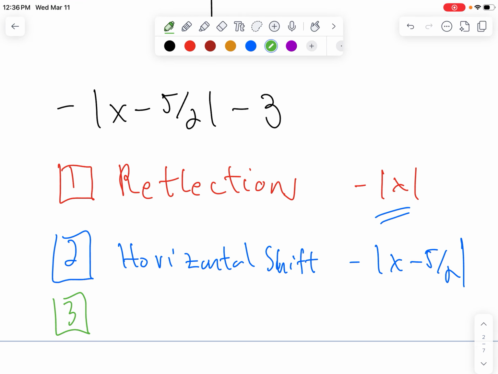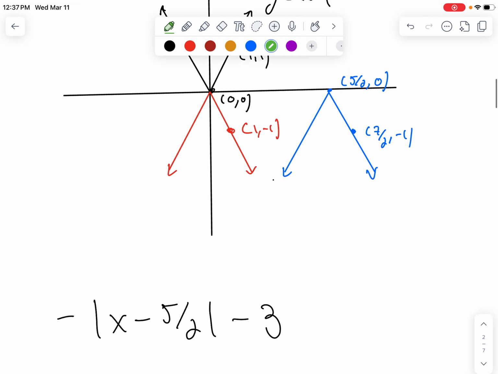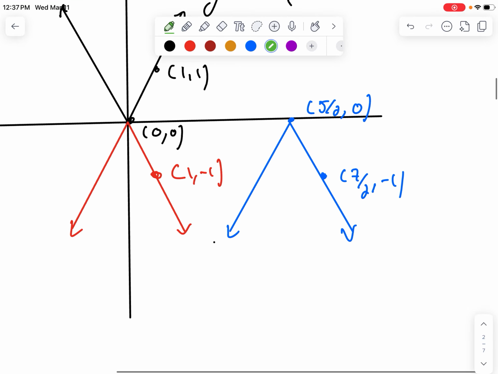All right, last but not least, we have our final shift, which is the minus 3. That is a vertical shift down by 3 units, when we subtract the 3 from negative absolute value of x minus 5 halves. When you're shifting down or up, it affects the y values.